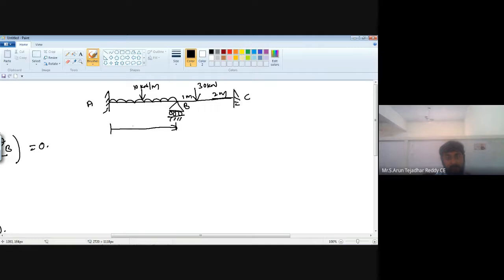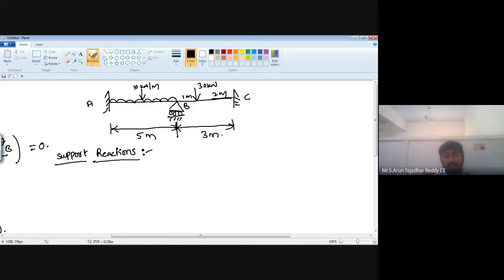Span of AB is 5 meter. Span of BC is 3 meter. This is the given diagram. Now find out support reactions.